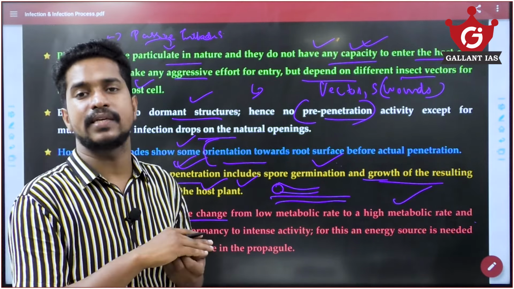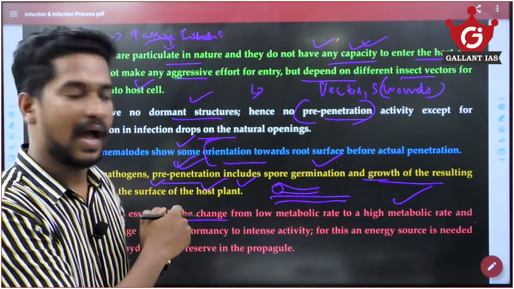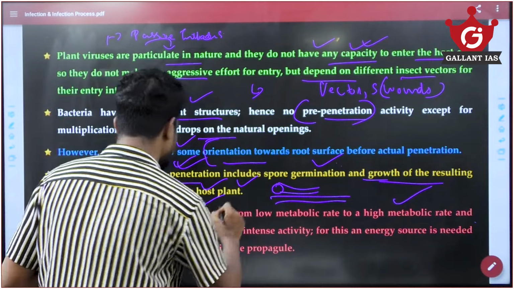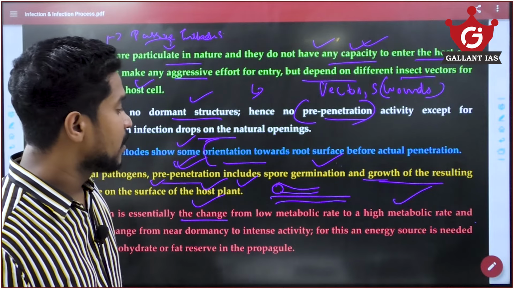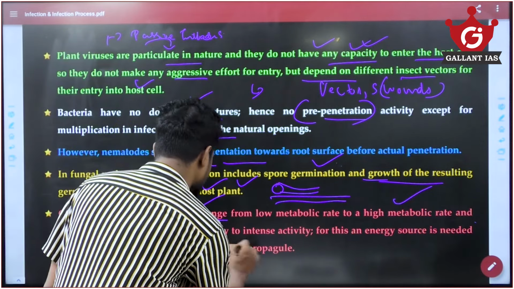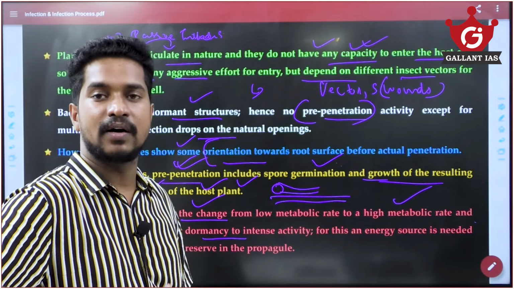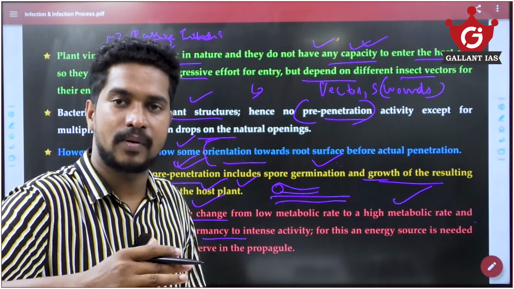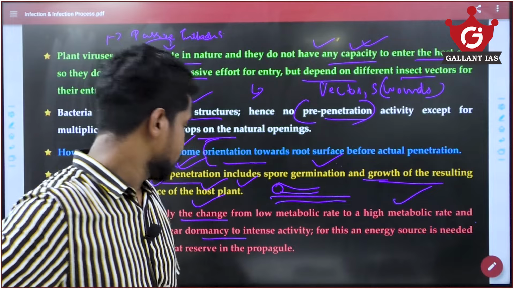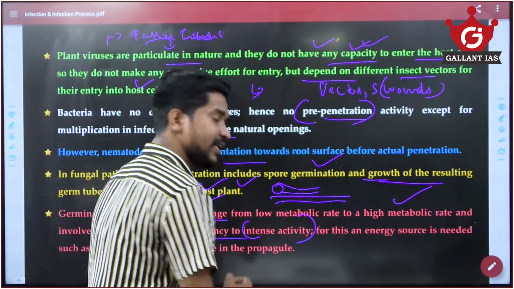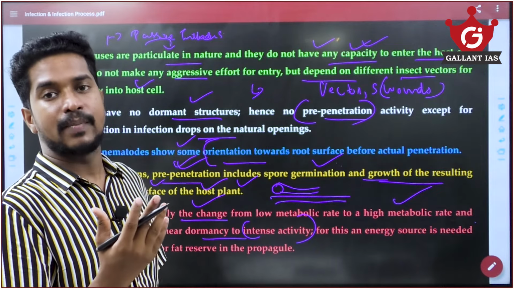During germination there is a shift from low to high metabolic rate, involving a change from near dormant to intensely active. During germination it shows intense activity.